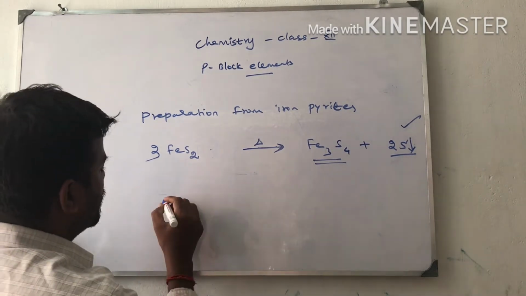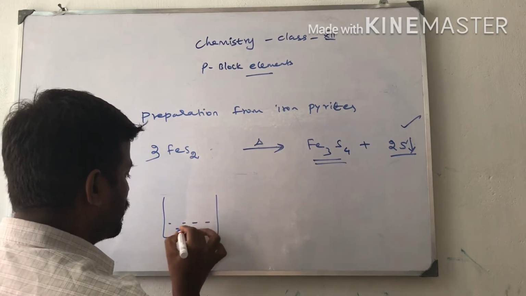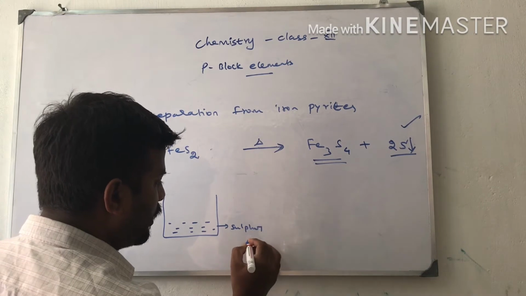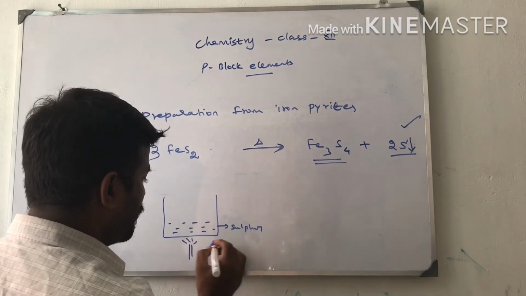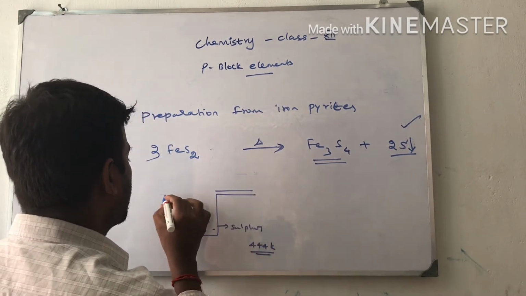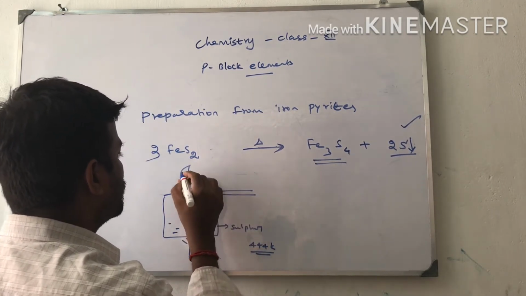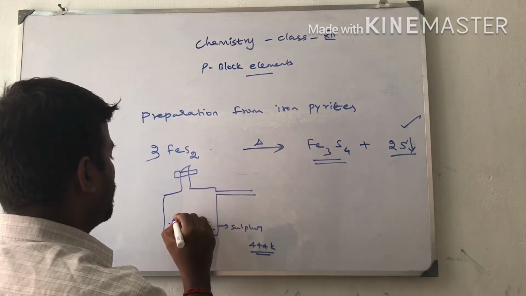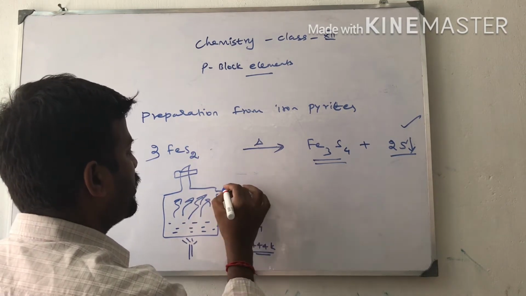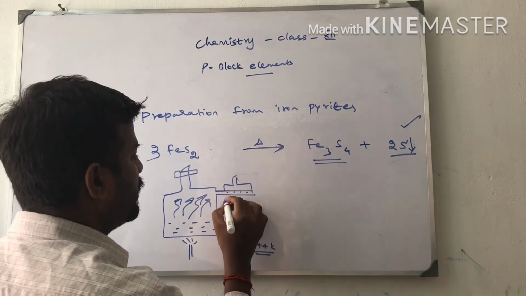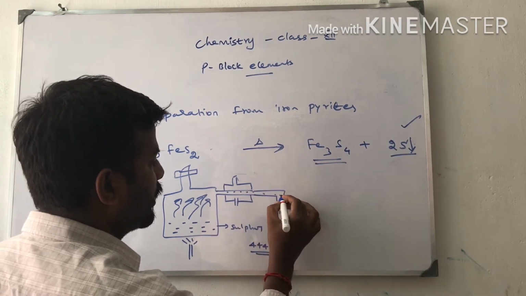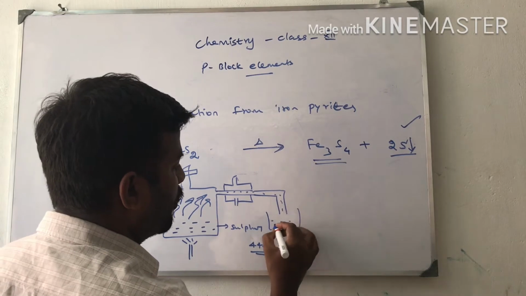So one more method is sulfur was heated at 444 Kelvin, it will give sulfur vapors. What will you do with the vapors? They are condensed by the Liebig condenser, and you will get yellow powder.